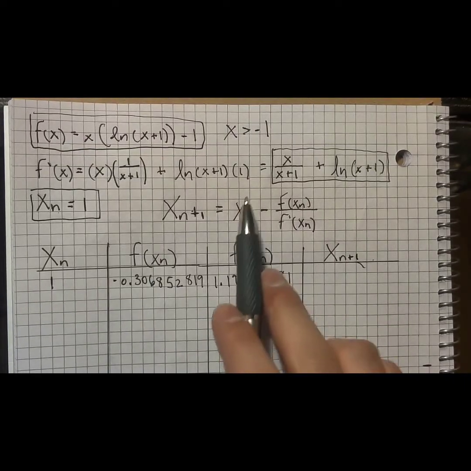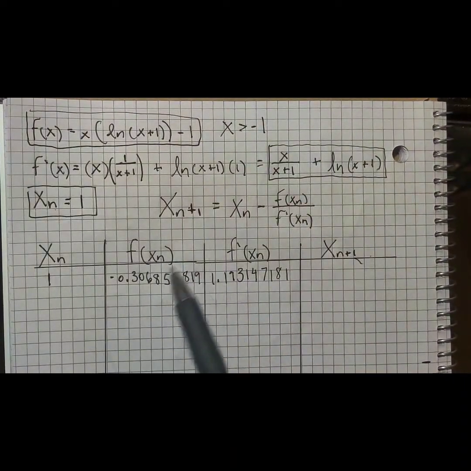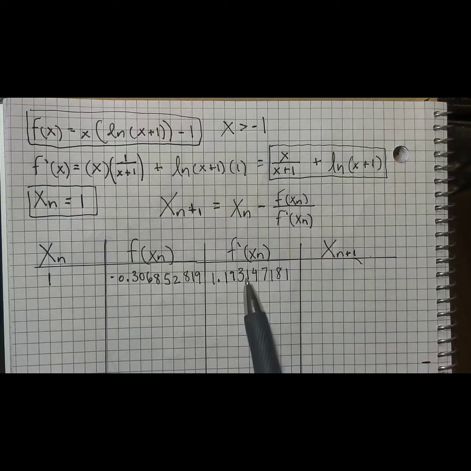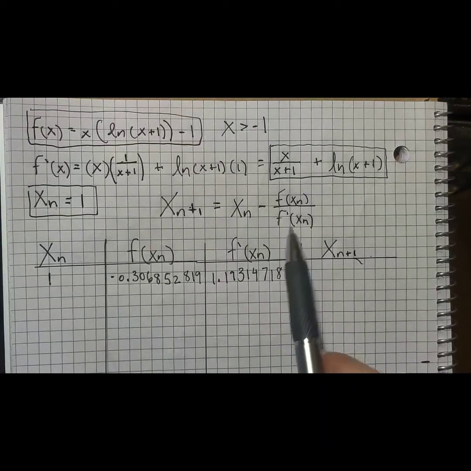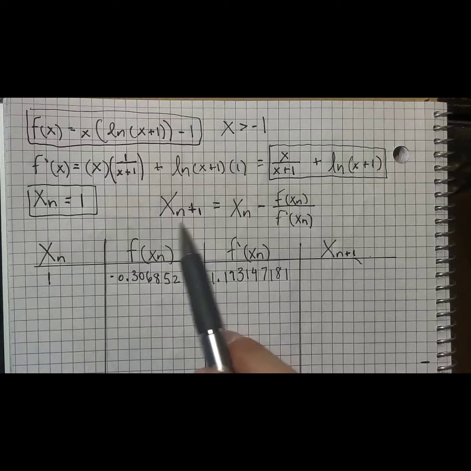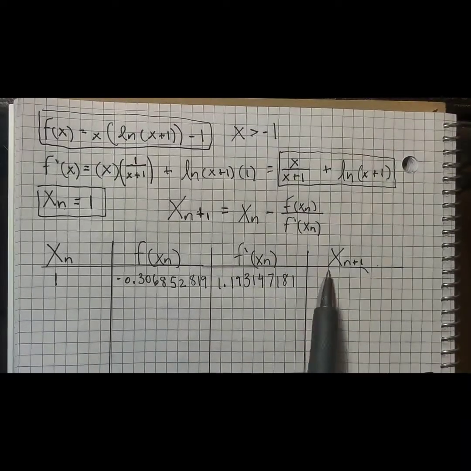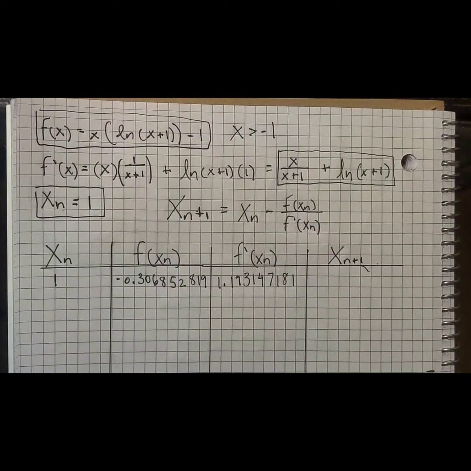Now we've got our guess, we have our f of x sub n, and we've got our derivative at x sub n. We've got all the information we need to come up with this closer approximation. So let's go ahead and plug that into our calculator.